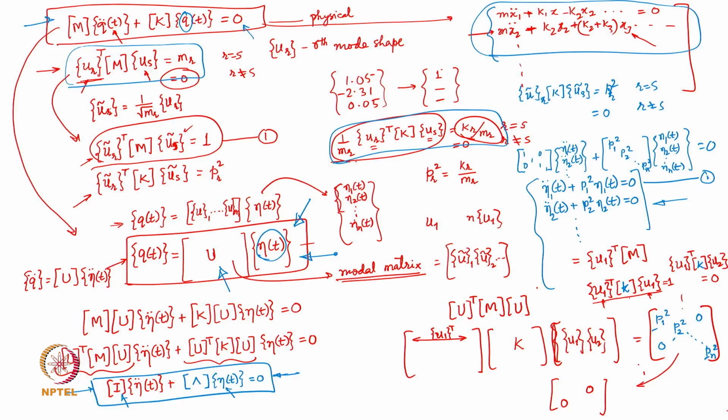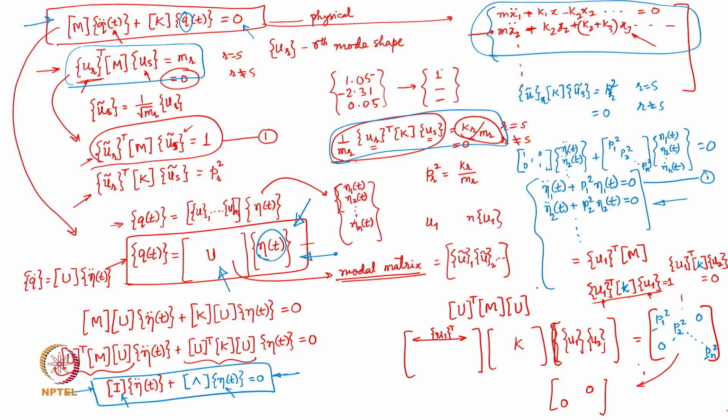So, the next step for us, having shown the power of the modal transformation and the orthogonality property, is to decouple all these governing equations of motion, so that you get a set of ordinary differential equations in only one coordinate, decoupled from all the others. You can solve it and then plug it back through the same transformation to get the physical response.